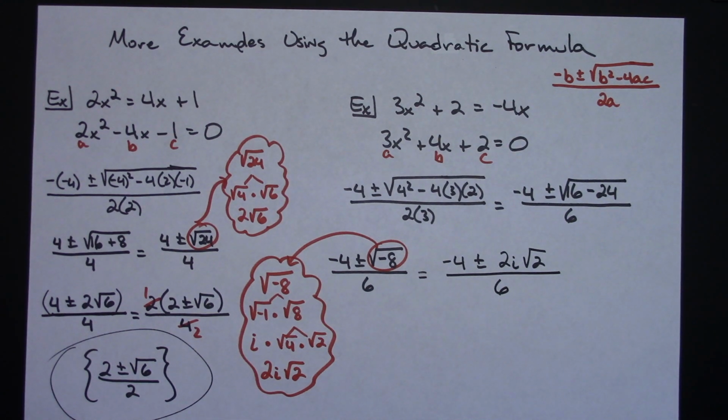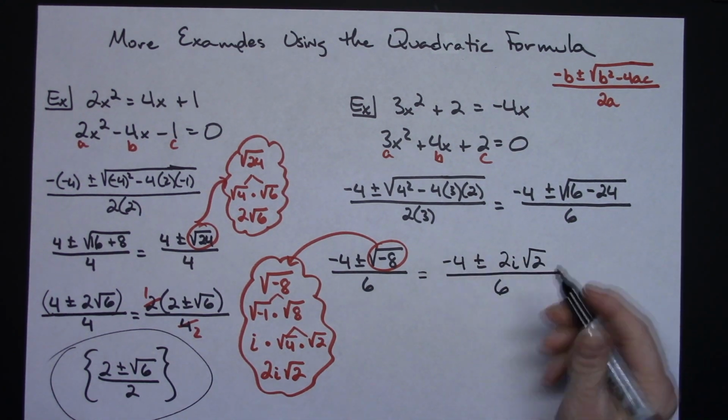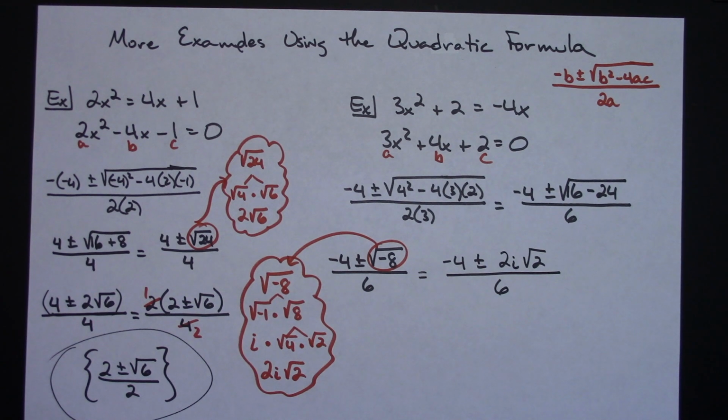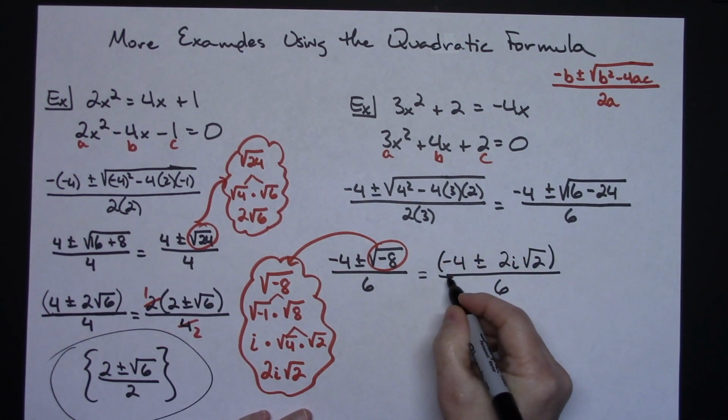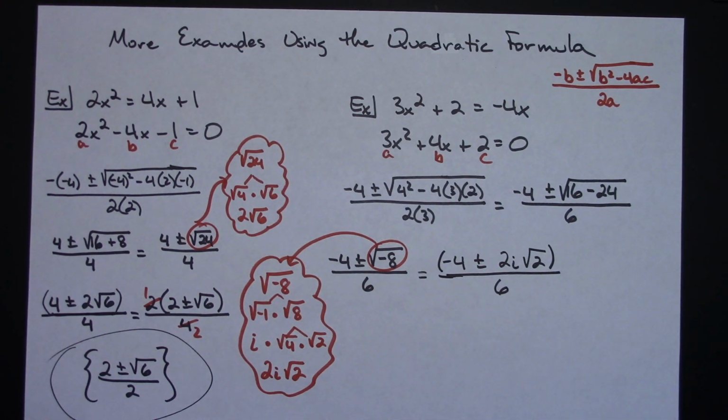And again, you don't want to just start crossing things out, because technically, legally, that's not how you should be doing this. This is a binomial on the top. So take a look at that binomial on the top and see if you can factor something out. In this case, I can factor out a 2.